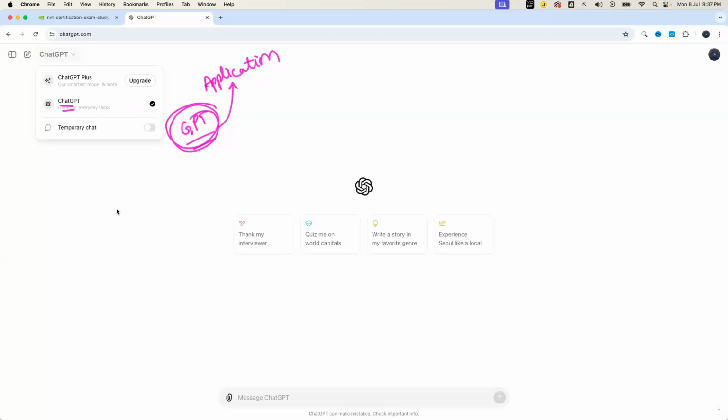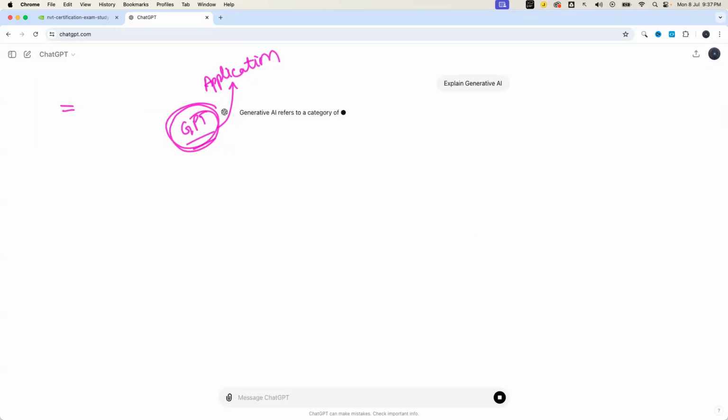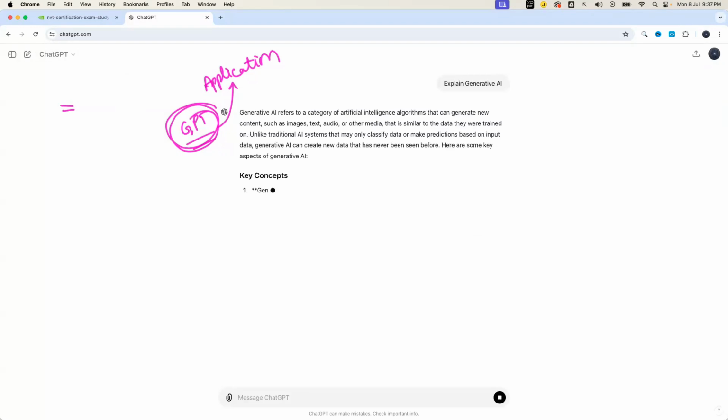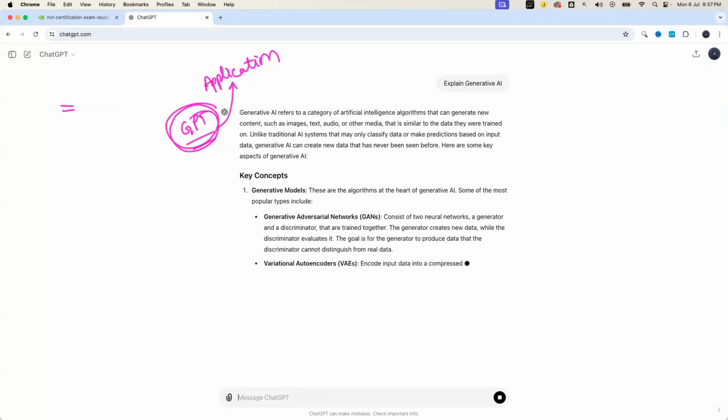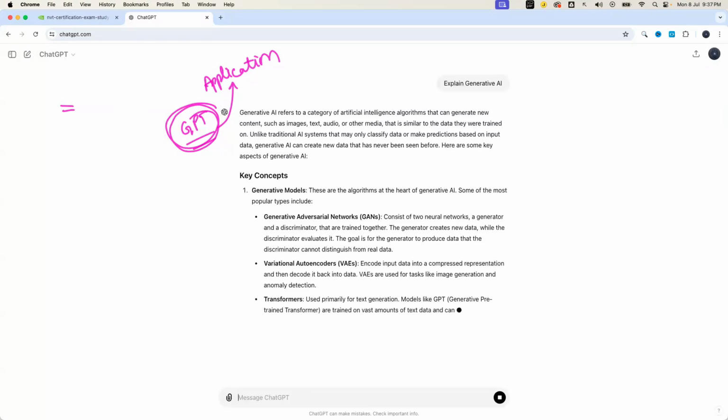Now let us understand what happens if I send in any input. Here it says message GPT, and I'm going to say explain generative AI. Now, when I ask the question explain generative AI, what the system is doing in this case is that ChatGPT is generating the response based on the input that I have specified.